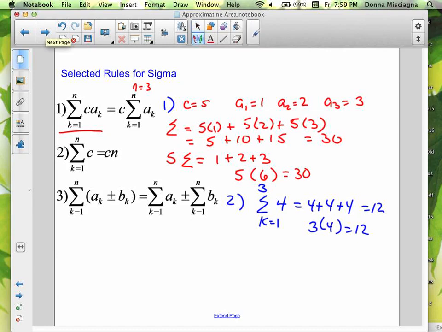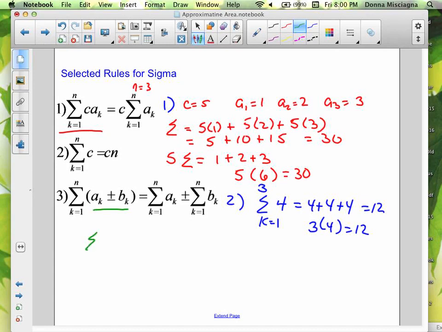And then the third rule says if we're finding the sum of a sum or difference, we can take the sum or difference and find this value and then add them all up, or we can find the sum of the first one and then the sum of the second one and then add or subtract depending on what the rule was. So we could do a really, really simple one here.